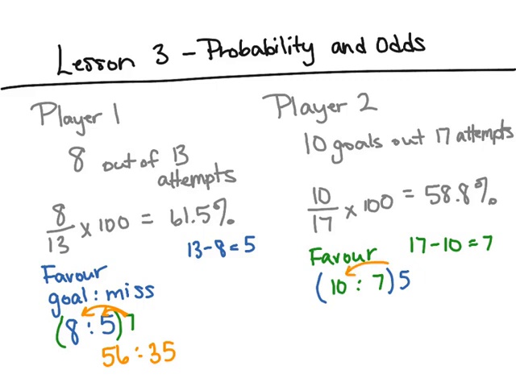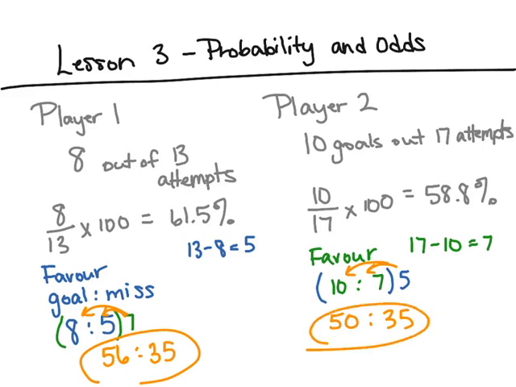And then we have 10 times 5, which is 50, and 7 times 5, which is 35. So as you can see, there's 56 to 50, so this player does have higher odds of scoring. So it should match the one with the higher percent as well. So you would go with player 1.